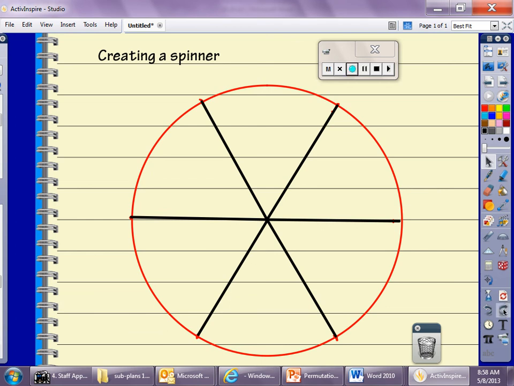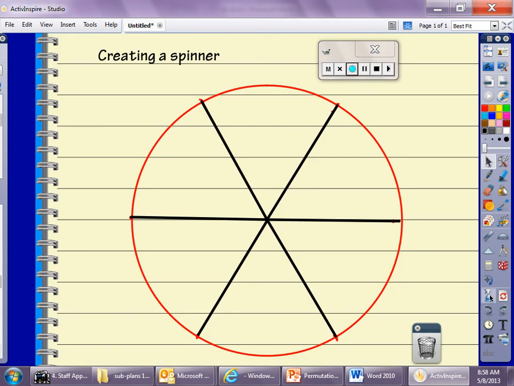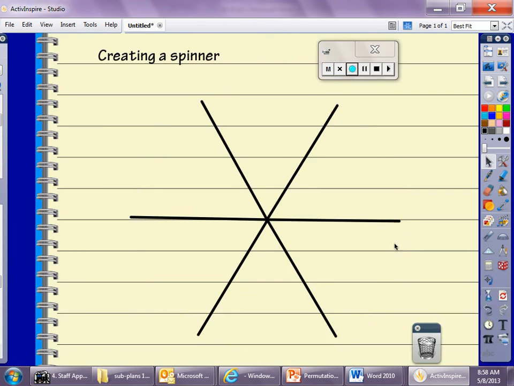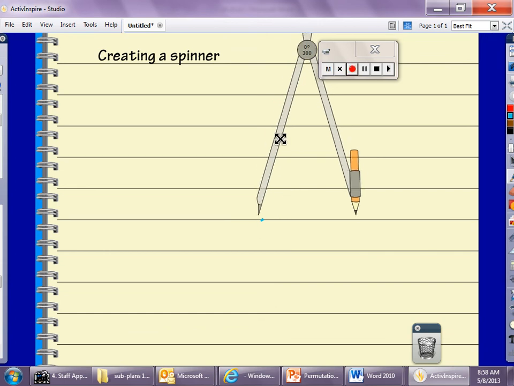Let's start over again. Just clear the annotations. Alright, let's make another circle. Start with our center point. Grab the compass. Put it at the center.